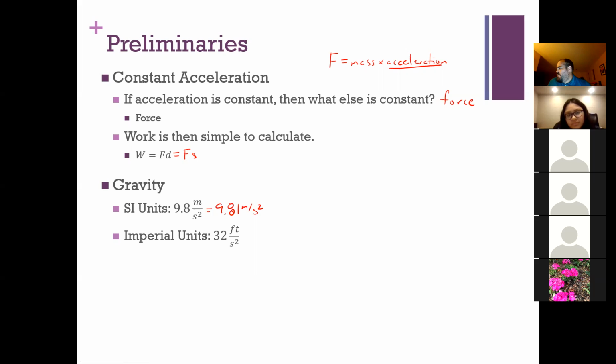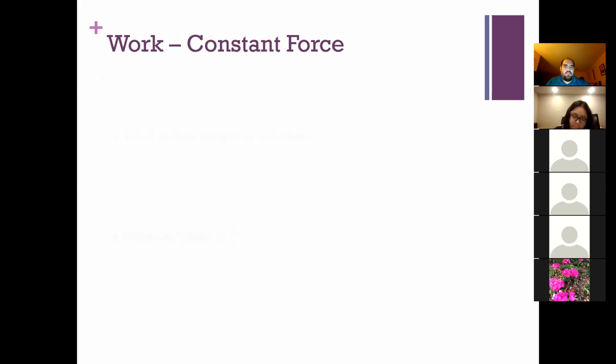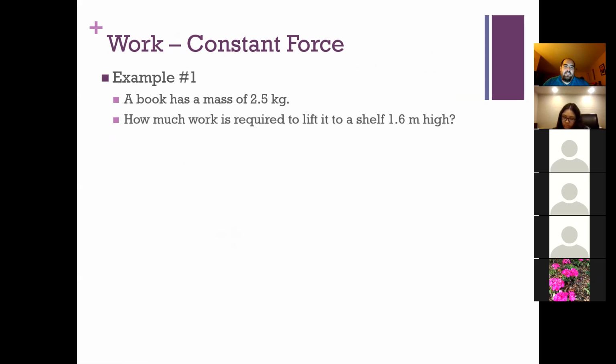So let's actually do some calculations. The first one we're going to look at has to do with constant force. I have a book with a mass of 2.5 kilograms. How much work is required to lift it to a shelf 1.6 meters high?